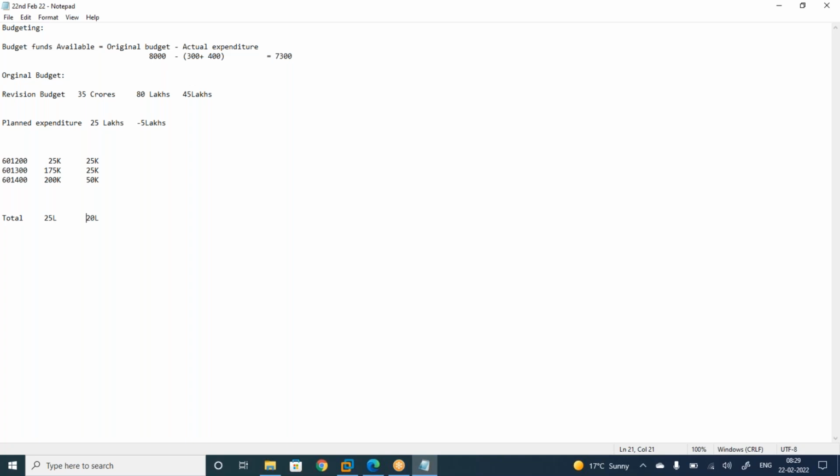Then all of a sudden your business is increasing, which means your expenditure should also increase. Then it is a revision budget. Revision budget means the overall total budget amount may be increased or decreased. Understood? Anyone please unmute. Are you clear about this revision budget? Yes or no?